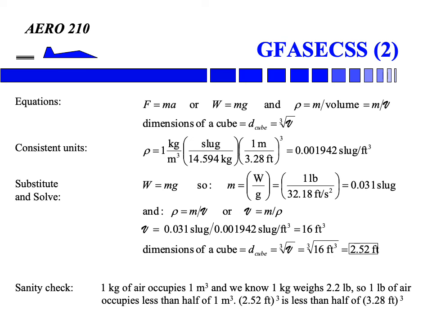Now, we're not done. There's one more S in GAFASICS, and that's the sanity check. So let's think about this. 1 kilogram of air occupies 1 cubic meter. We know from other courses or other knowledge that on Earth, at sea level, with the acceleration of gravity at sea level on Earth, 1 kilogram weighs 2.2 pounds, so we would expect 1 pound of air to occupy less than half of 1 cubic meter.